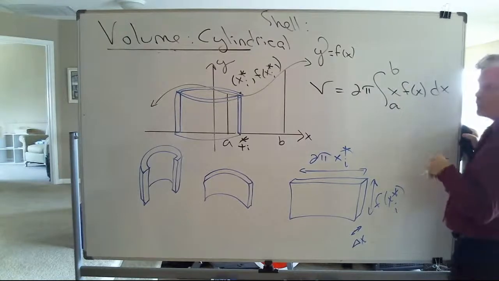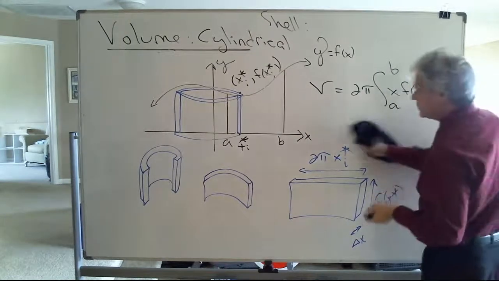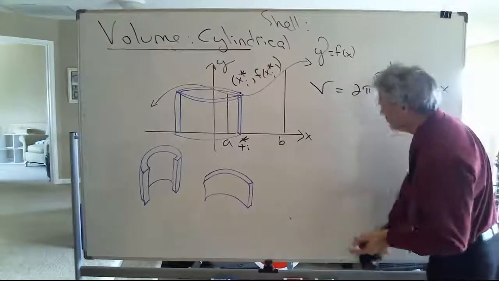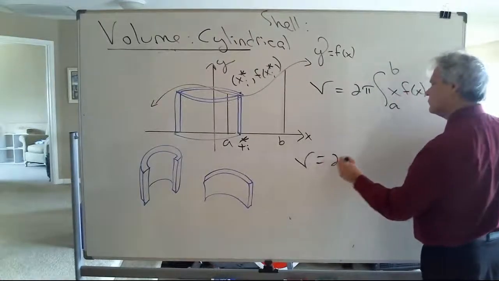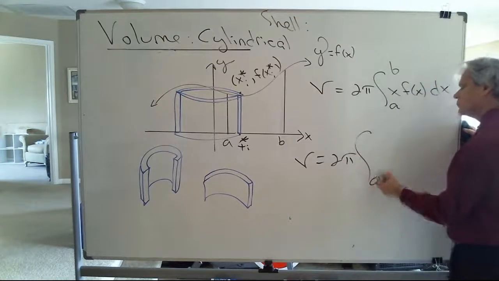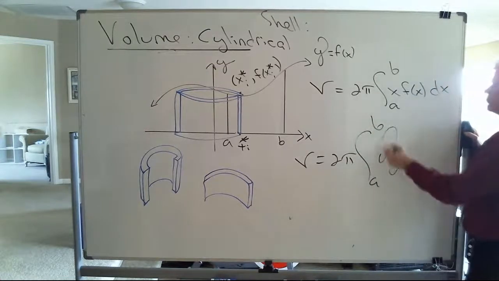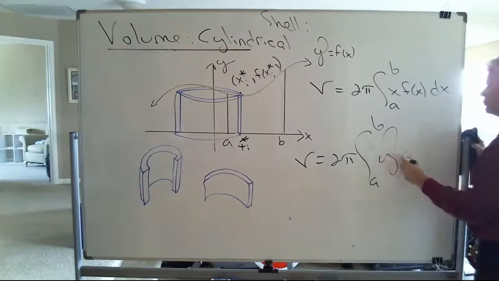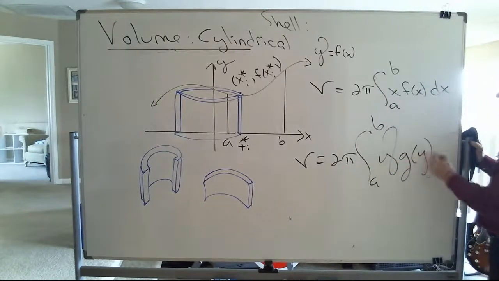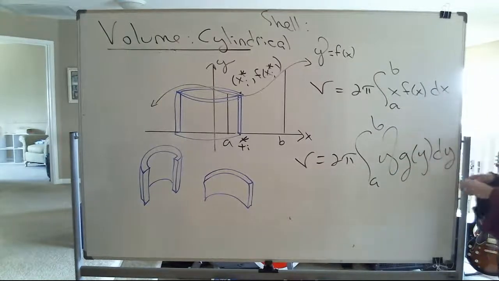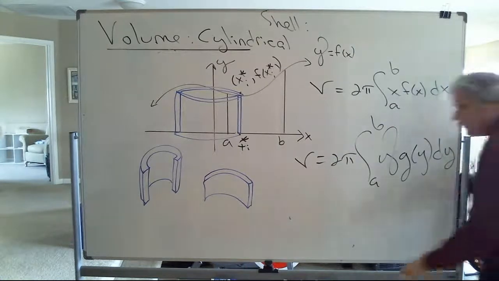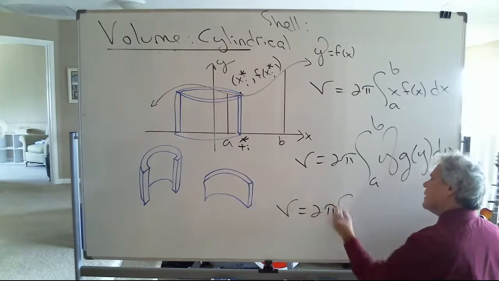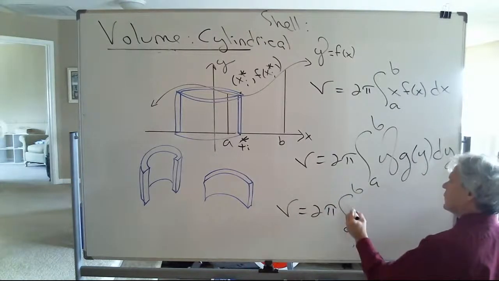But of course, I could have revolved about, say, the x-axis. Or shall I say in general, 2 times pi times a radius.